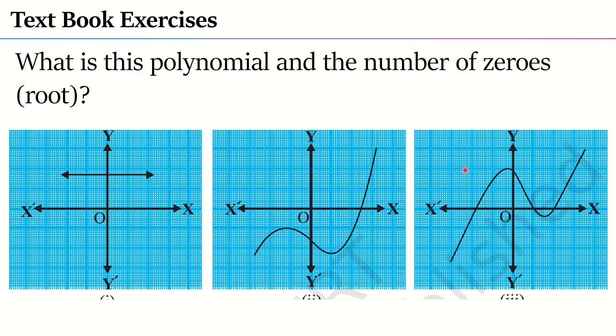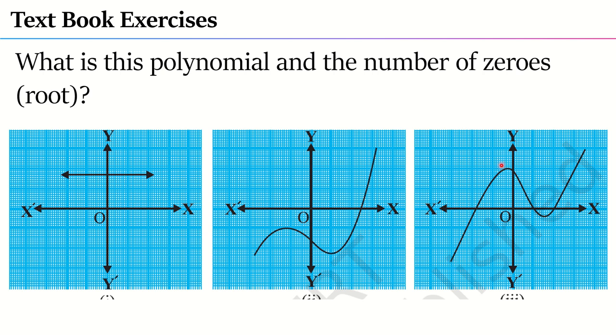This is some exercise from your textbook. What is the type of polynomial and number of zeros? The first image is a straight line, so it's a linear polynomial, but there are no zeros because this will never intersect the x-axis. The second you see is an S-shaped polynomial, so this is a cubic equation, and it cuts the x-axis only at one place, so the number of zeros is 1.